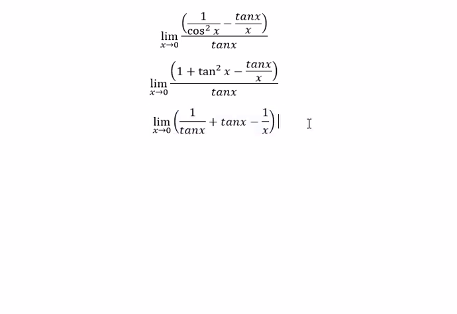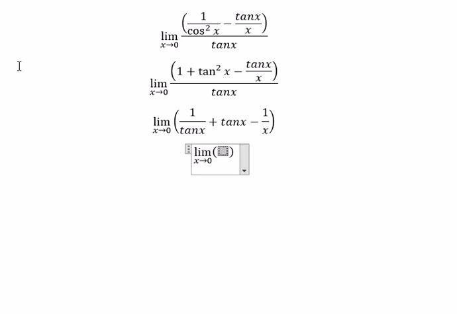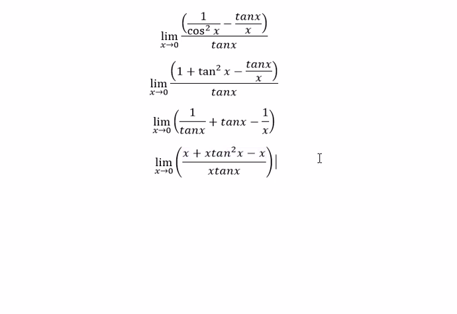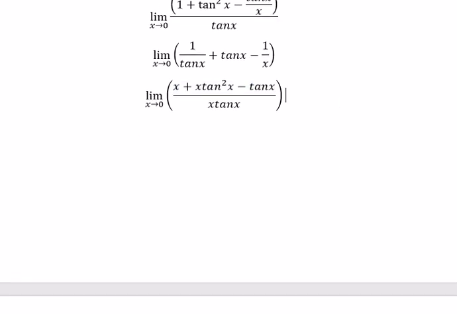So we do a common denominator. If we put 0 in here, we still have 0 over 0.